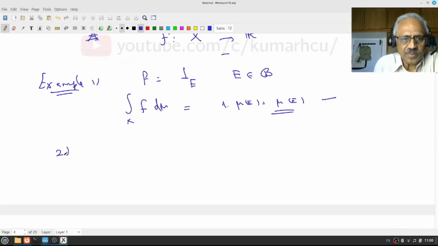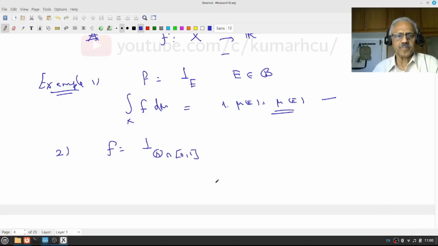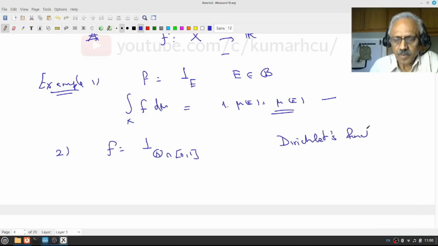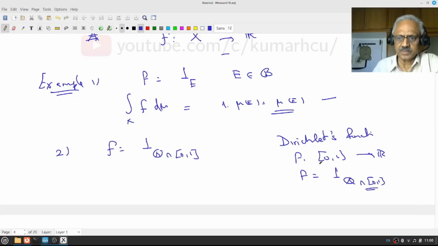The second example: let us look at f to be the characteristic function of Q intersection [0,1]. Notice that this is an analog of Dirichlet's function. Dirichlet's function was from [0,1] to R, which is nothing other than the characteristic function of Q intersection [0,1].